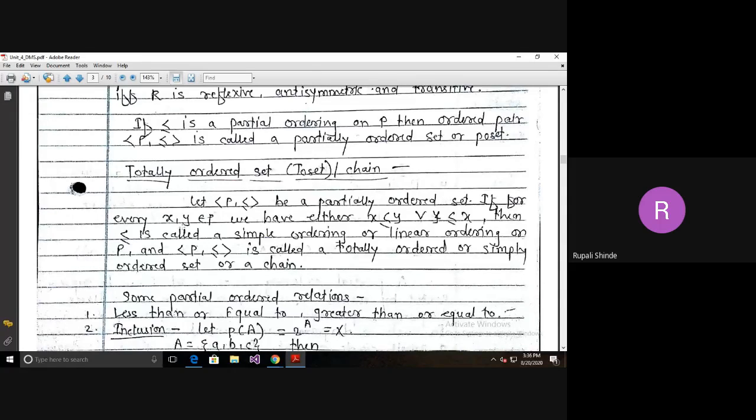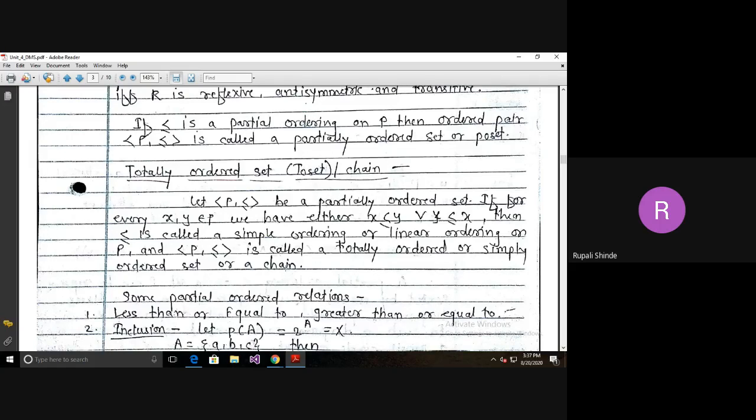If for every x, y belonging to P we have either x is less than or equal to y or y is less than or equal to x, then this is called simple ordering or linear ordering. Okay, and this is called totally ordered set or toset or chain.